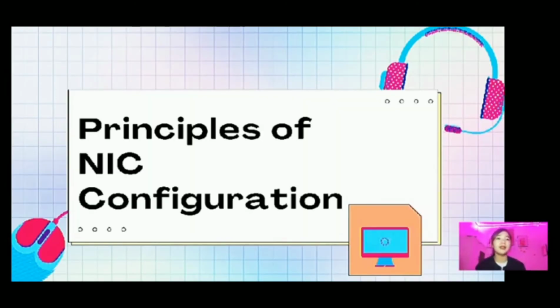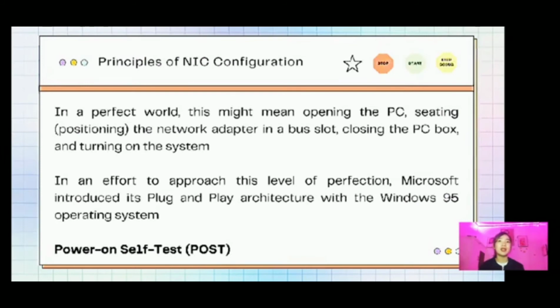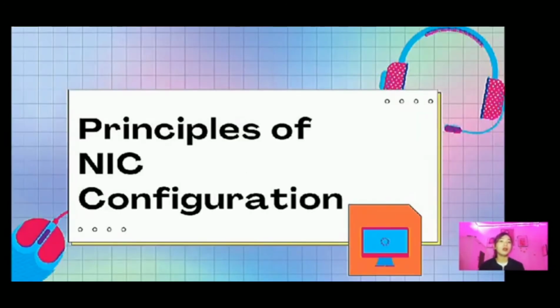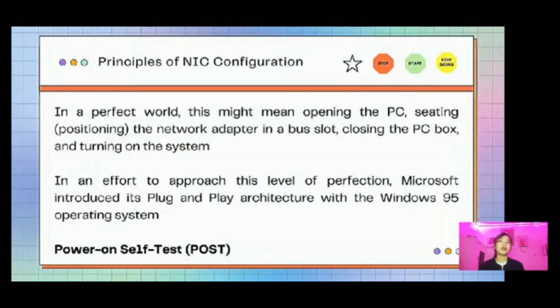Principles of NIC configuration. Once you match a network adapter to a slot in a PC or plug it into a serial bus, your next step is to configure it to work with your computer. In a perfect world, this might mean opening the PC, positioning the network adapter in a bus slot, closing the PC box and turning on the system.